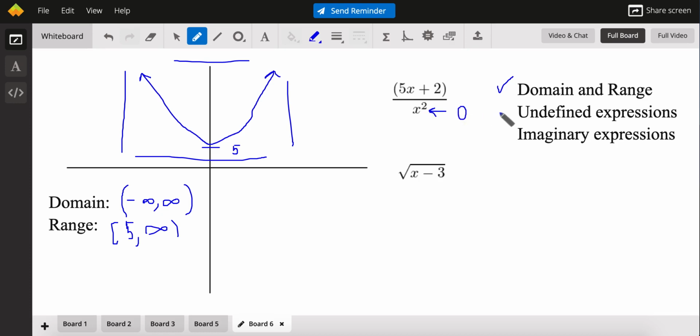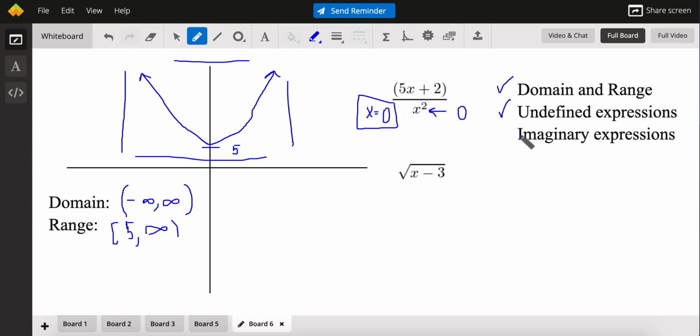If you do, it's called an undefined expression. So in this case, (5x + 2) divided by x squared is undefined when x equals 0. That's all it's saying. What has to be the value that makes my denominator 0? That's all there is to it. Just set your denominator equal to 0. That x value makes that expression undefined.